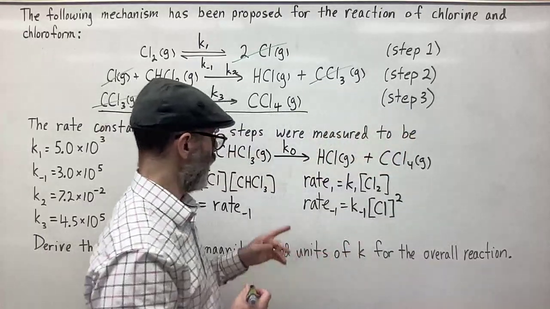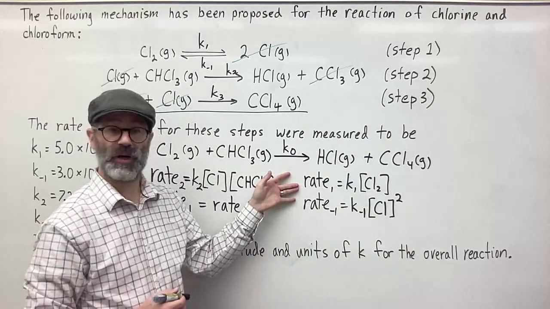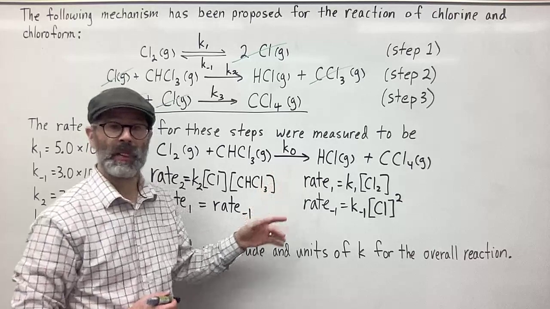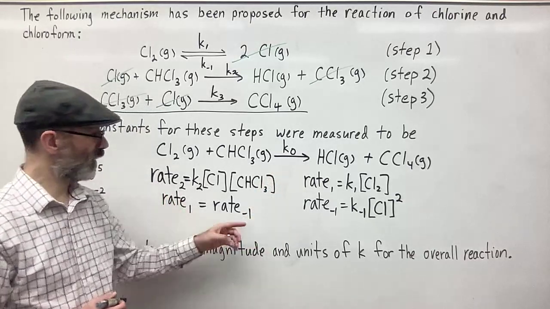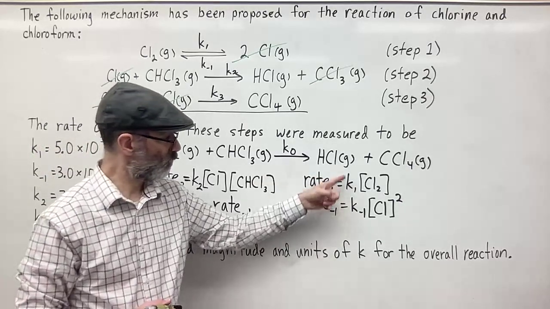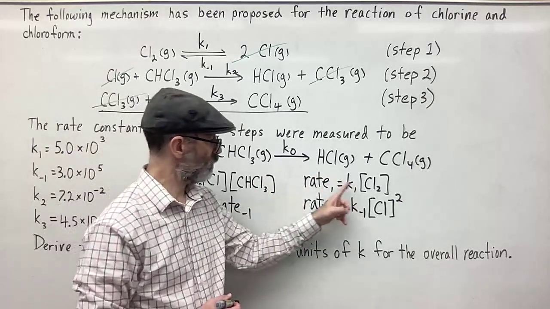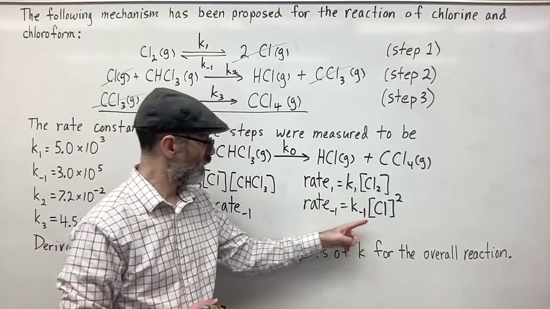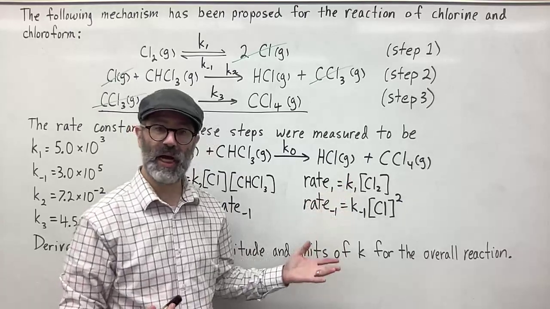Okay, so now that we have the rate laws for the forward and reverse reaction for step 1, and we know that they're equal rates, then these two are equal to each other, by logic.